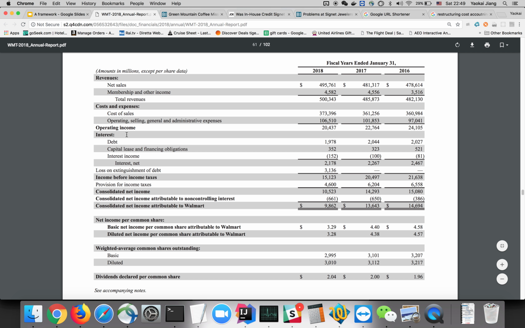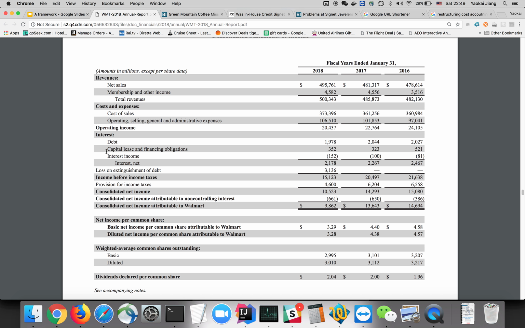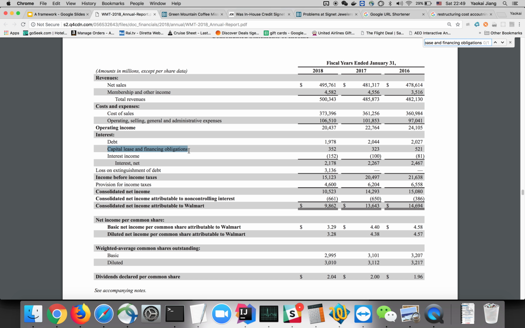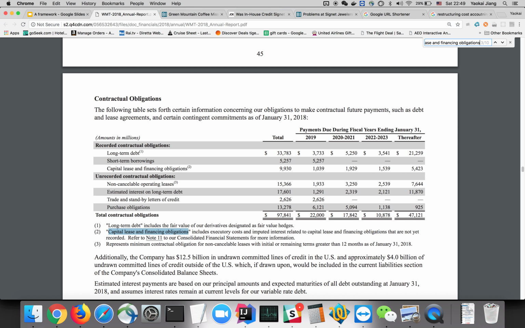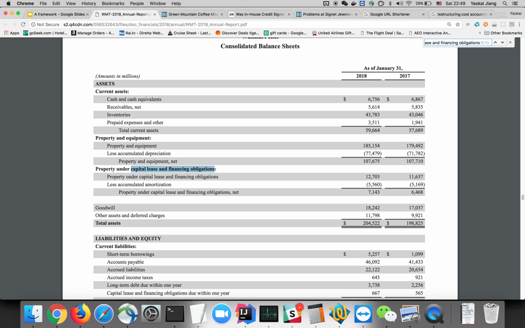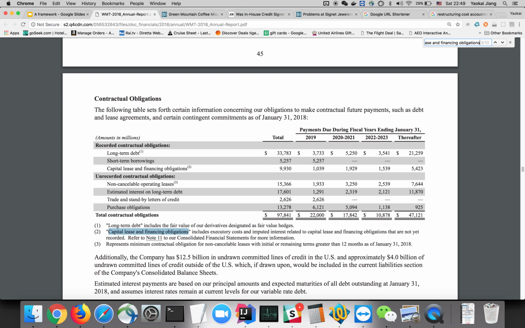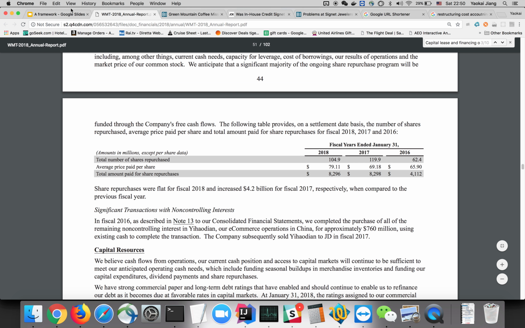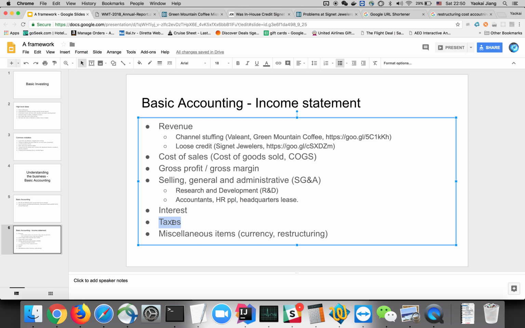I'm not quite sure, they might explain, but I'm guessing it's just leased stores, very likely just leased stores. Leased stores or equipment, those have long-term commitments. And yeah, so that's quite simple. And taxes is quite simple too. That's how much money they should pay to governments.